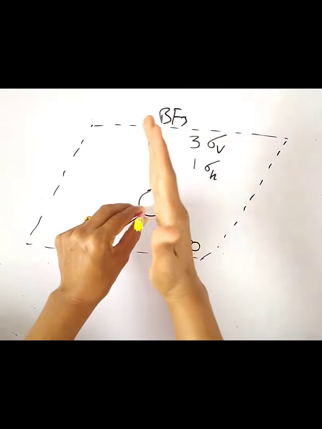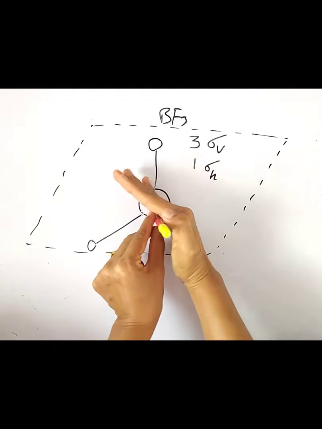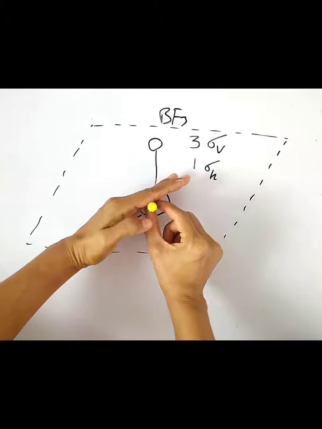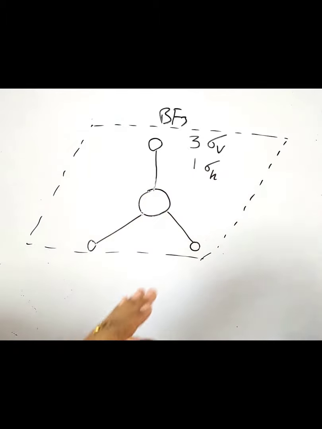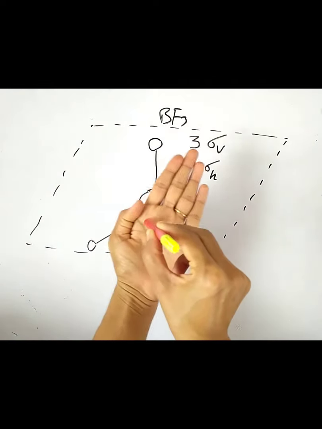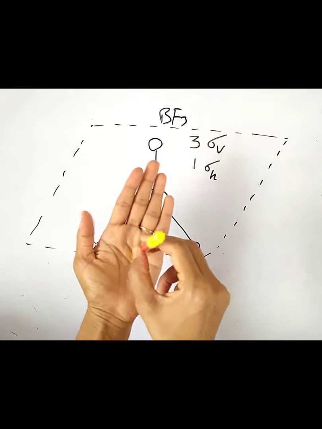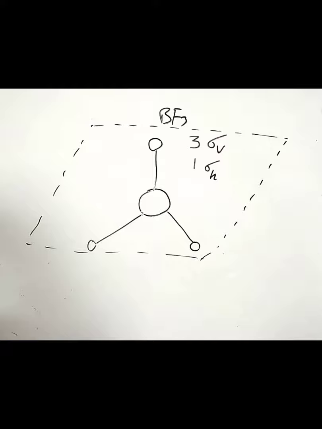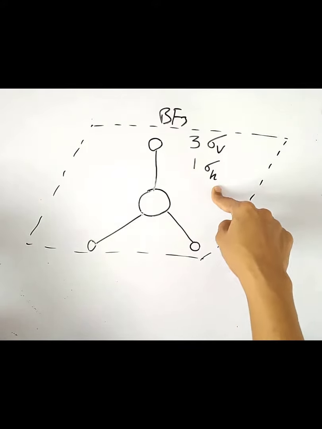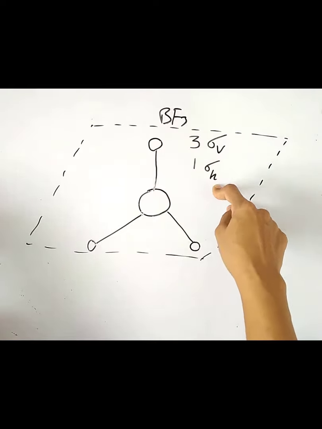Principal axis, first sigma V; principal axis, second sigma V; principal axis, third sigma V. And the fourth one, principal axis and another plane called sigma H because of the perpendicular position. I hope now the difference between the vertical mirror plane and the horizontal mirror plane is well understood to you. Vertical is the parallel mirror plane and horizontal is the perpendicular mirror plane.